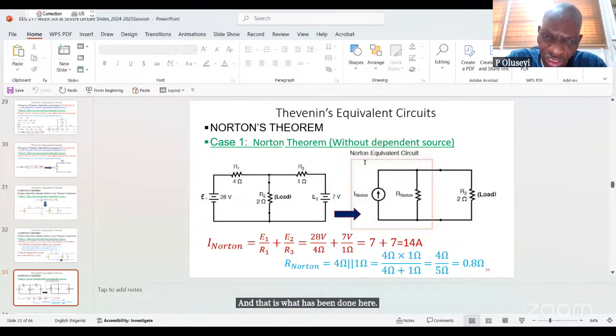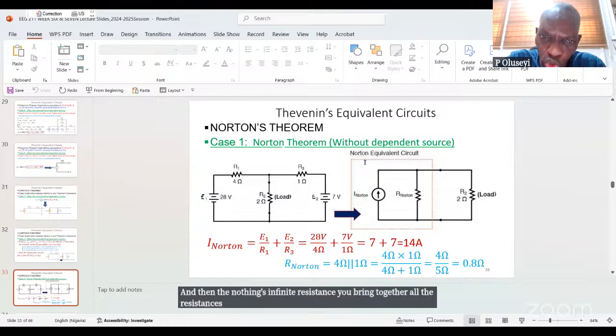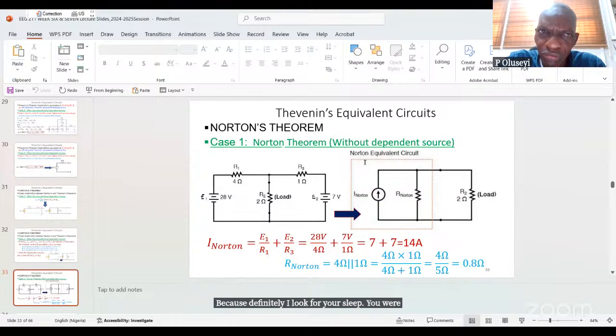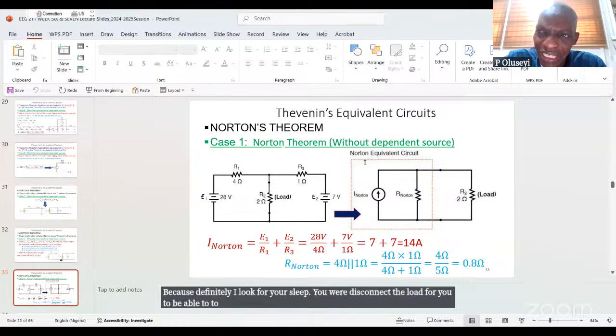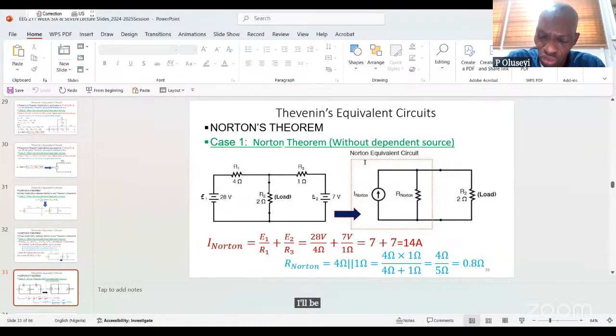In order to get the Norton's current, you can see what is done here. You just use your Ohm's law, V over R, for both sides, and you are able to get your current. And then for the Norton's equivalent resistance, you bring together all the resistances with the exception of that of the load, because you must disconnect the load to get the total source parameters.